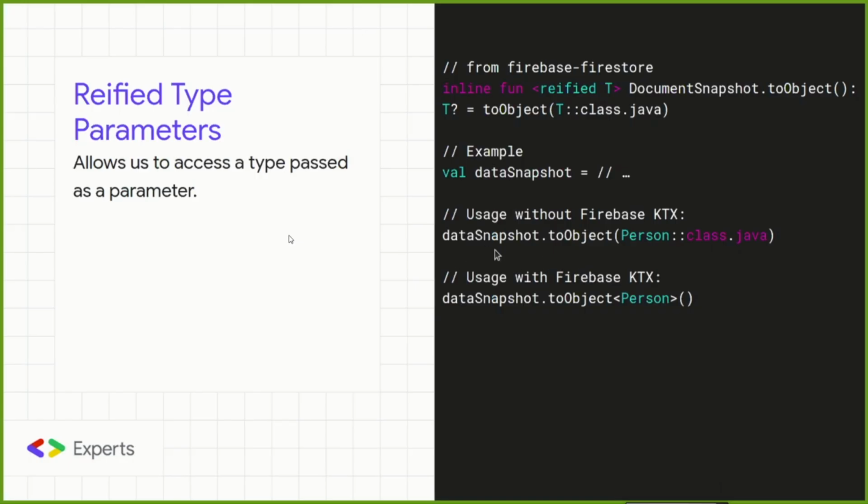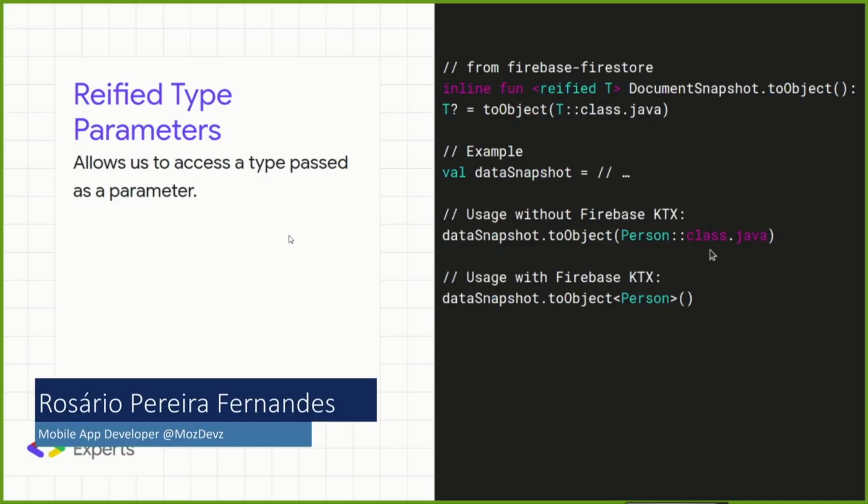So if we used it normally with the Java SDK, we would say something like dataSnapshot.toObject, and then as you can see, we're trying to convert it to the Person class, and this is not so good looking, I think. While if we use this extension that I created here at the top, we can simply pass it as a typed function.